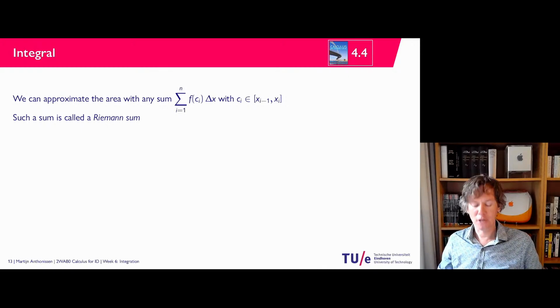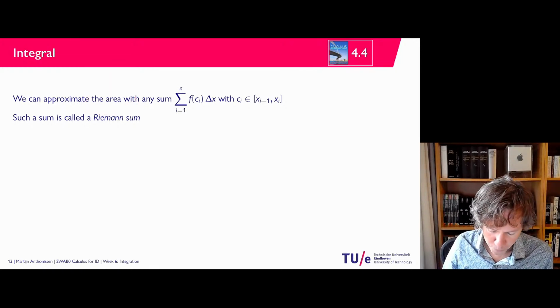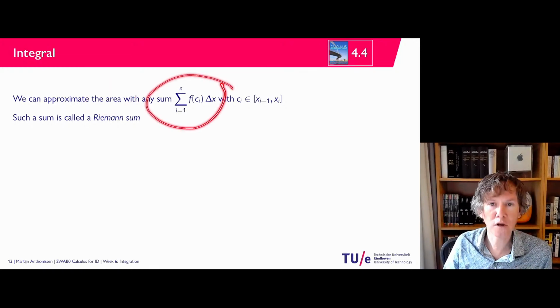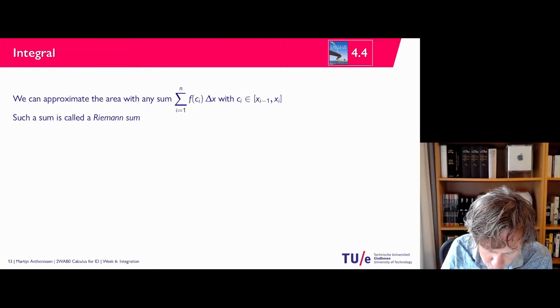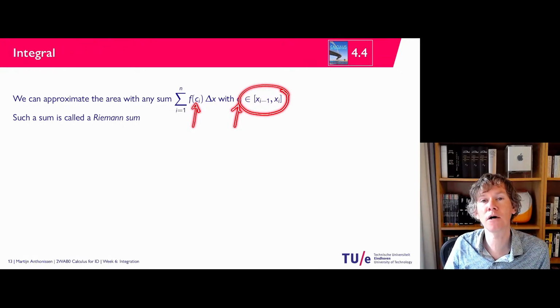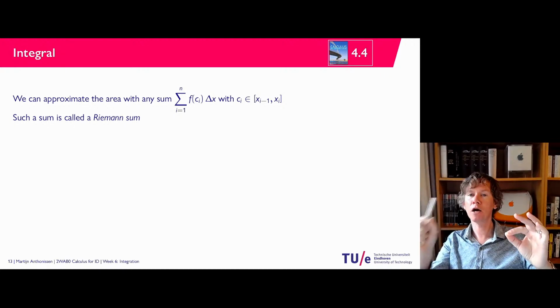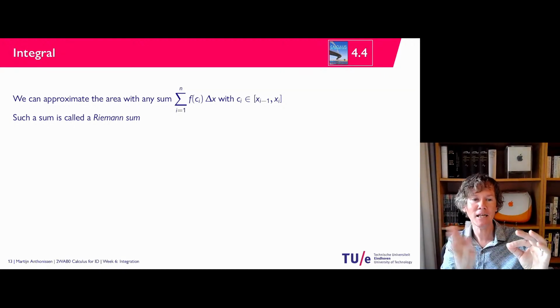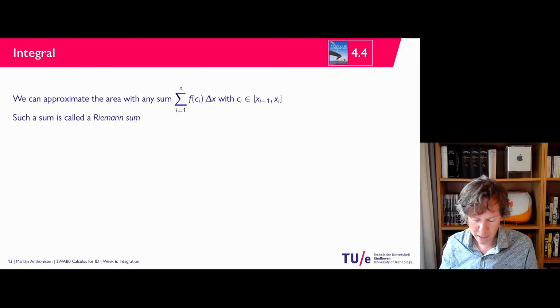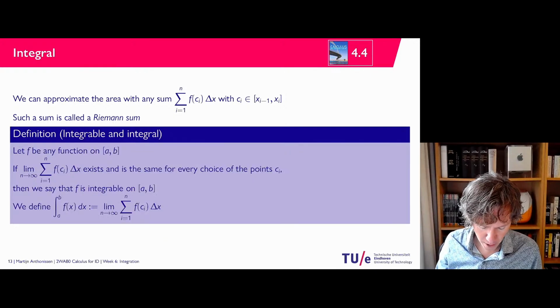So the claim is now that if you have an area, you're going to approximate it with a sum like the ones we have seen before, but now I have written here ci, and this ci is in the interval from xi minus 1 to xi. So it can be the left point, it can be the right point, it can be the midpoint, it can be any other point. If you take a sum like this, for some choice of ci's, it is called a Riemann sum.